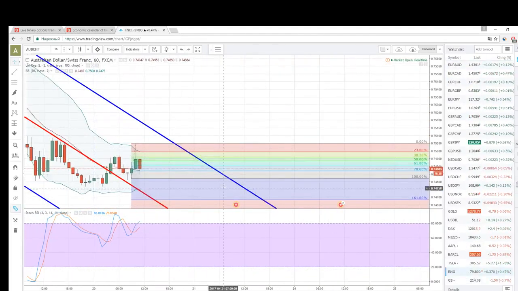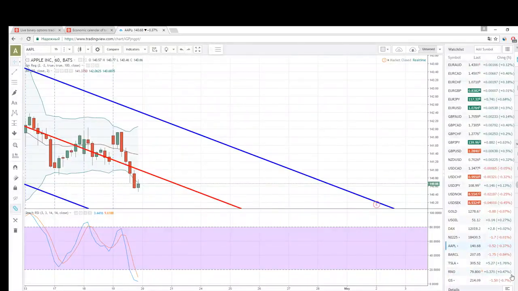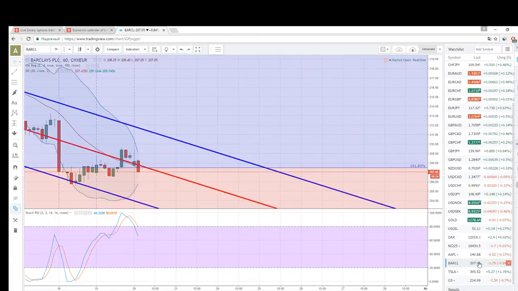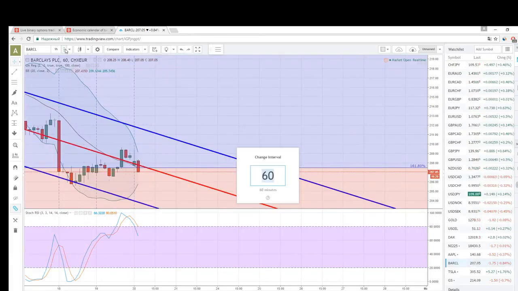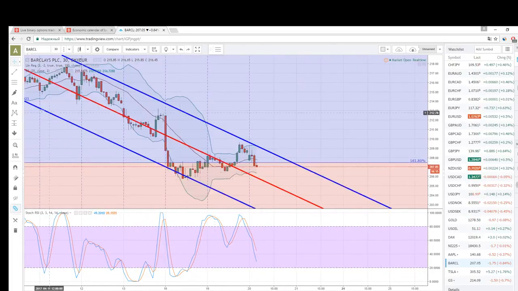And currently, I will come back to it later on. So Barclays, probably on the longer time frame, on the short term time frame, we can see something more definite.